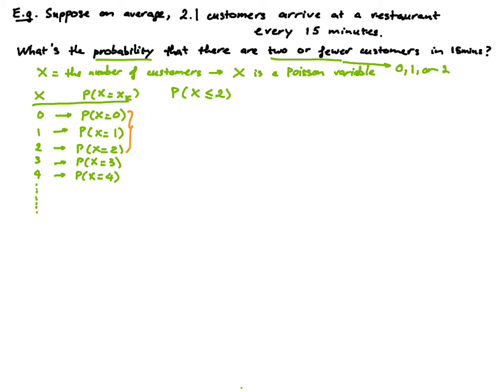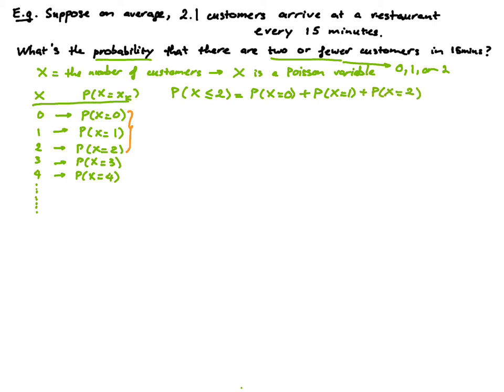And so to do this kind of problem, all you have to do is add up the probability of the individual numbers. So here the probability that x is less than or equal to 2 is going to be equal to the probability that x is 0 plus the probability that x is 1 plus the probability that x is 2.